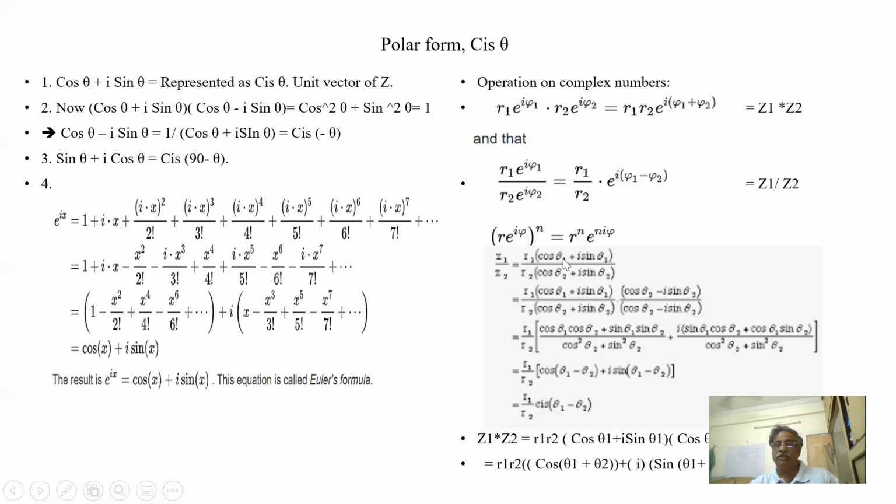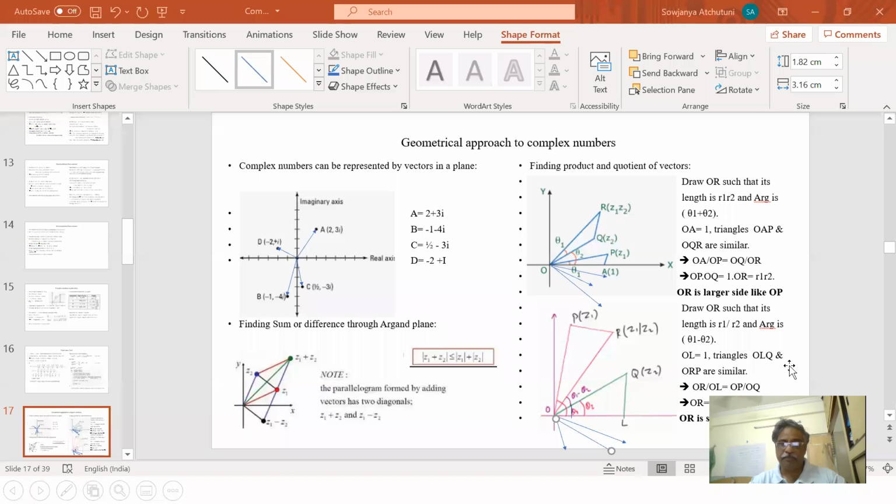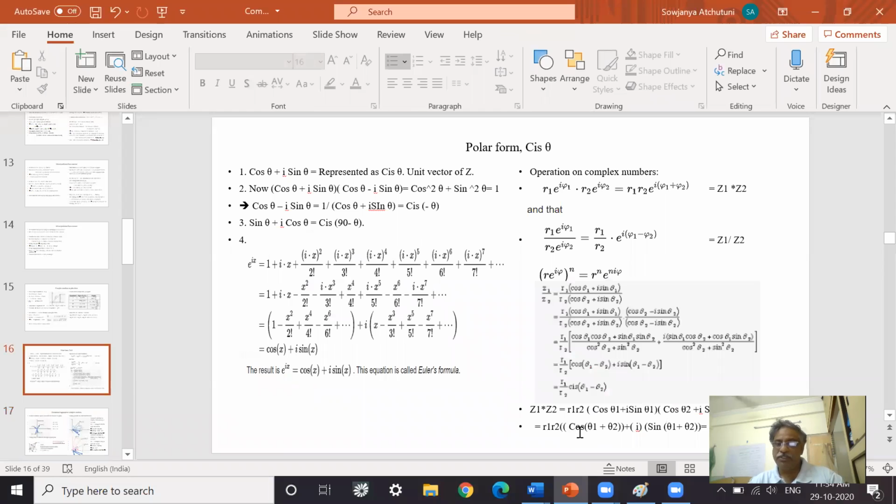Z1 is R1 cos theta1 plus I sin theta1. Z2 is R2 cos theta2 plus I sin theta2. So Z1 Z2 is equal to R1 R2 times cos of theta1 plus theta2 plus I sin of theta1 plus theta2.